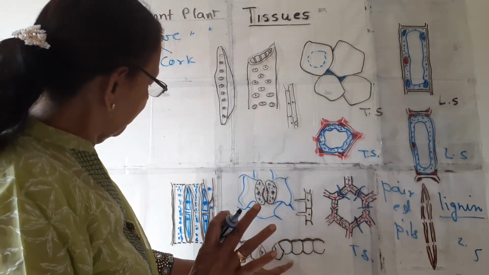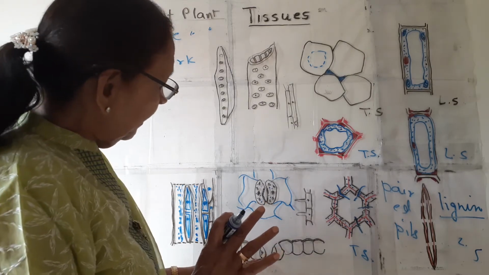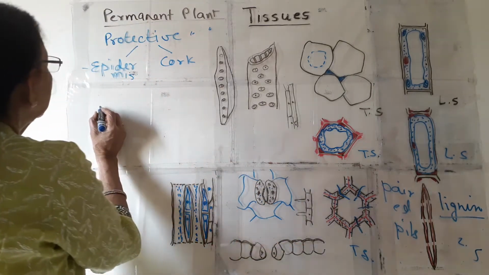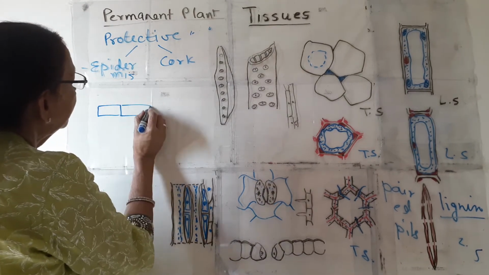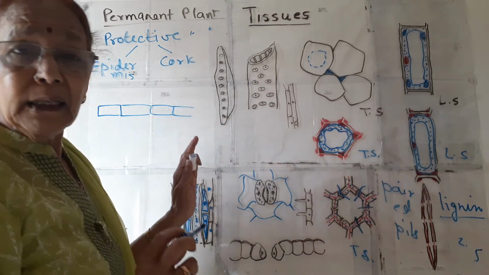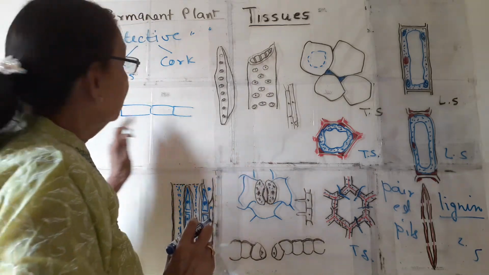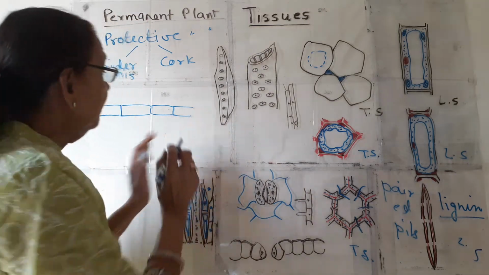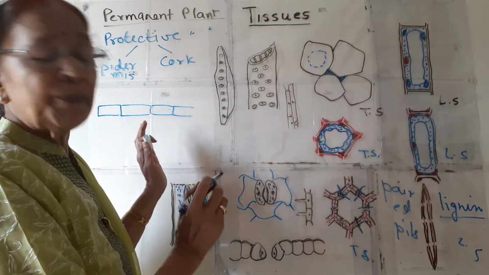This is the diagram of epidermis, and you can see the cells, mainly they are flattened like bricks. Mostly the epidermis is single layered thick. The cells are flattened, and you can see there are no intercellular spaces.